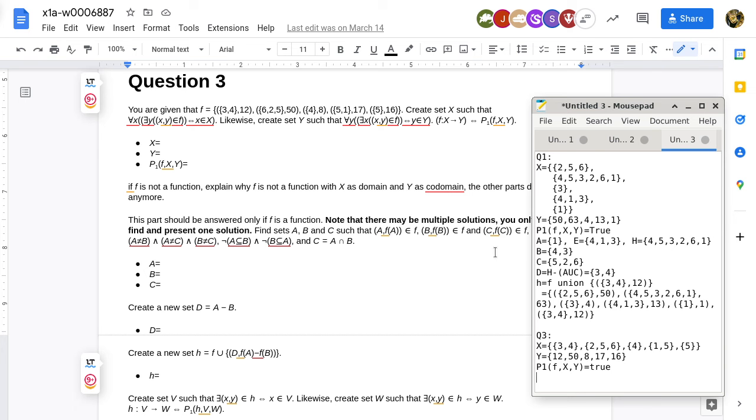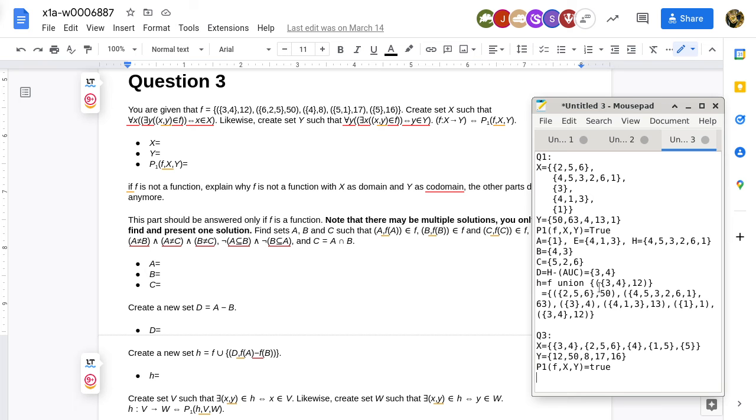Here's 1, 5, and then 2, 5, 6. Yep, that's right. So 5 is in the intersection of 2, 5, 6 as a set, and 1, 5 as a set. So you got it. Which one you want to call A and which one you want to call B doesn't matter, because intersection is commutative, which means the left and right can swap.